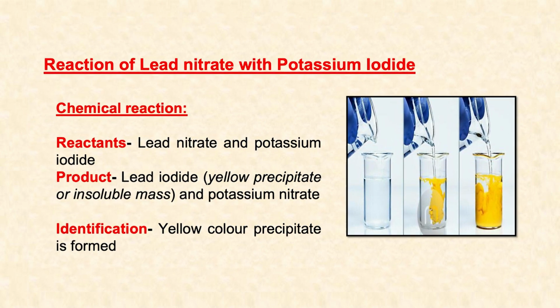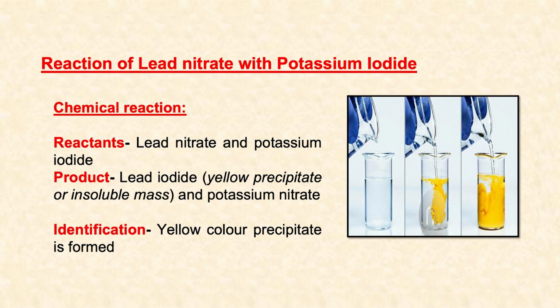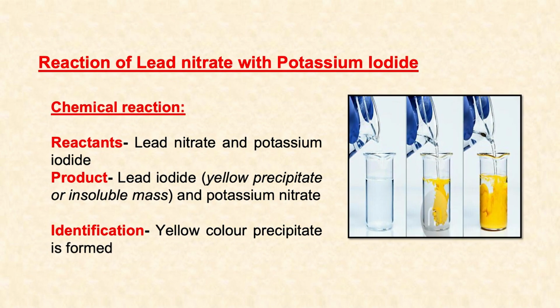Again, is it a magic? Yes, it is a magic of science. Here, a chemical reaction is taking place between two colorless reactants to give yellow color product. Hope you all are able to understand what a chemical reaction is.